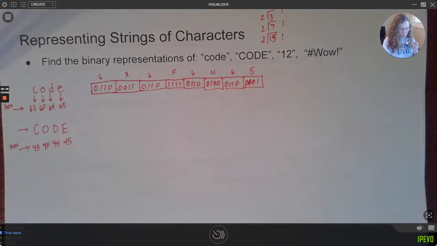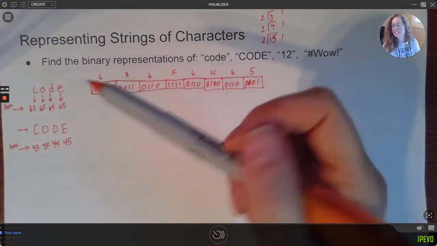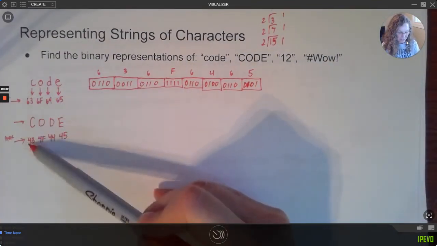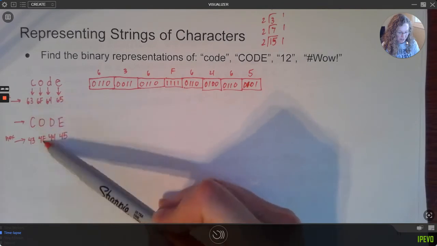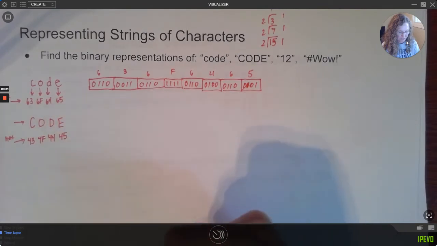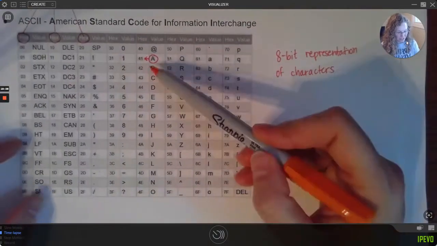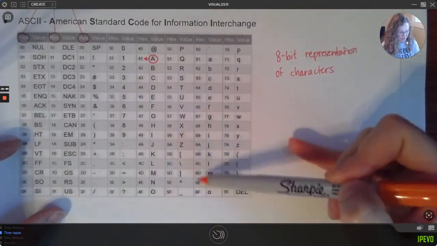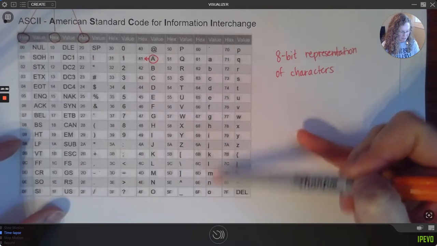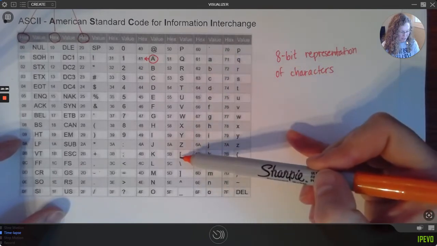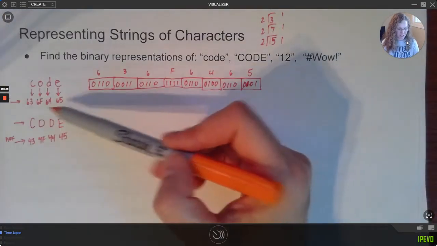Okay, so one thing to notice is that the 3, the F, the 4, the 5 are the same. So you might have looked at this and wondered, well, why do they have all the capital letters and then this stuff in between, and then they start the lowercase letters? Why didn't they just put the lowercase letters next? It was to give this kind of symmetry.